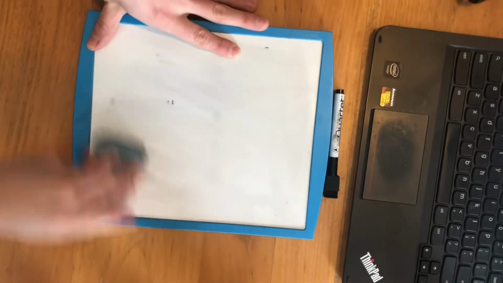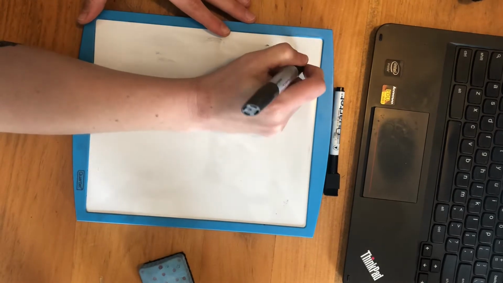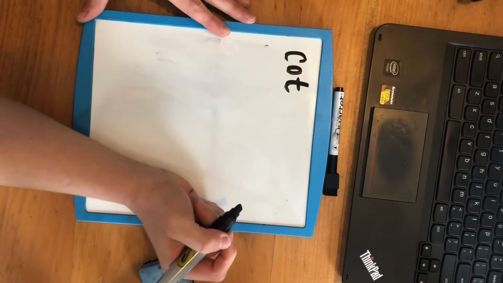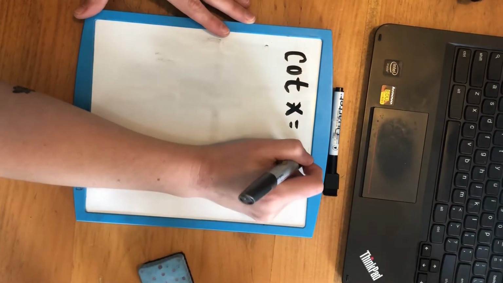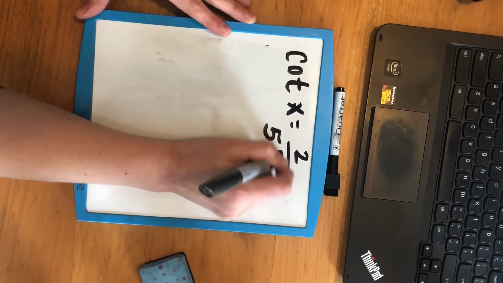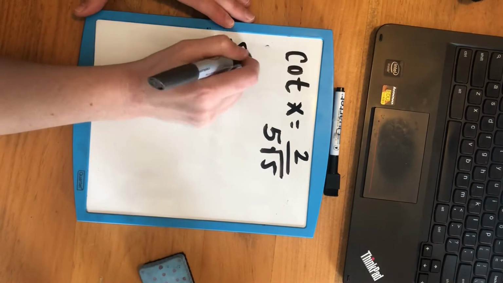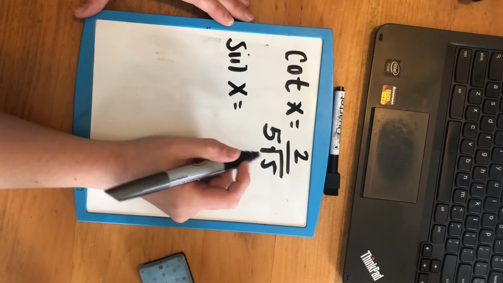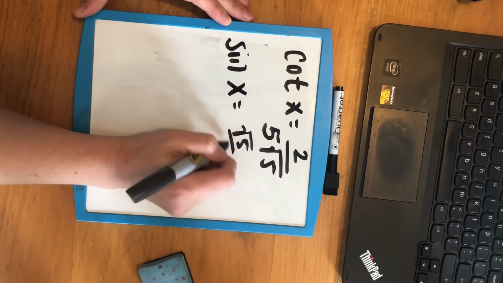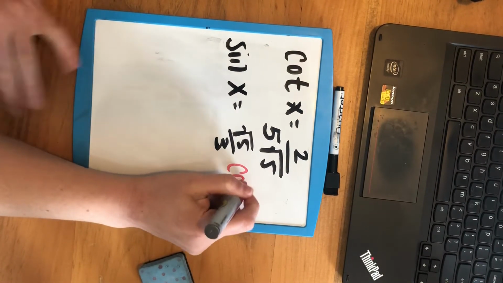So now let's do one a little bit more difficult. So if we have cotangent of x equal to 2 over 5 square root 5, and we know that sine of x is equal to square root 5 over 3, we want to find cosine of x.